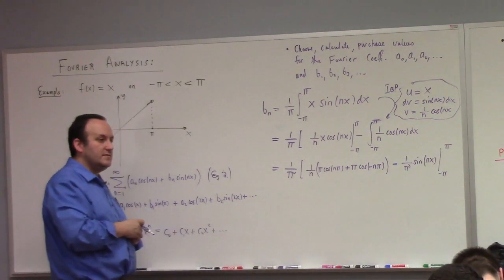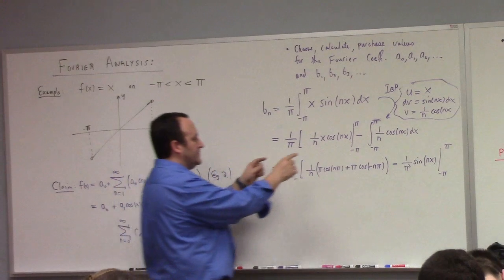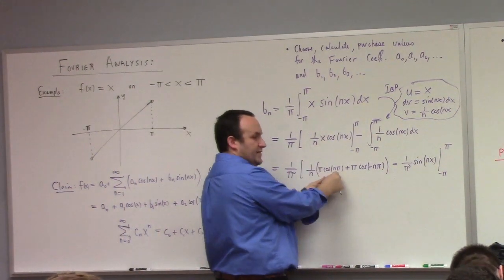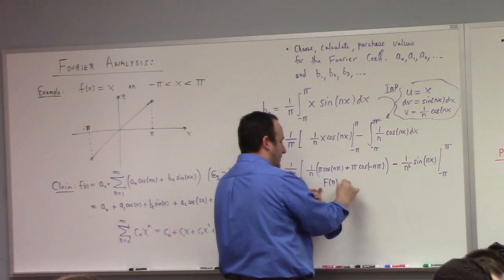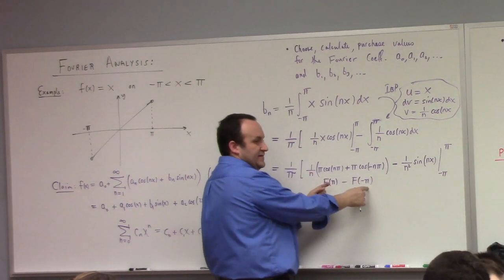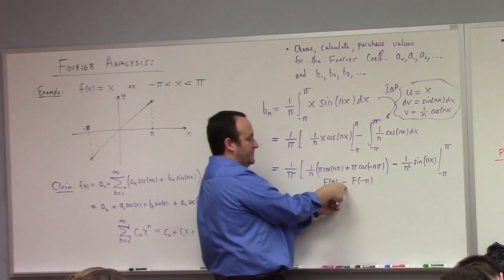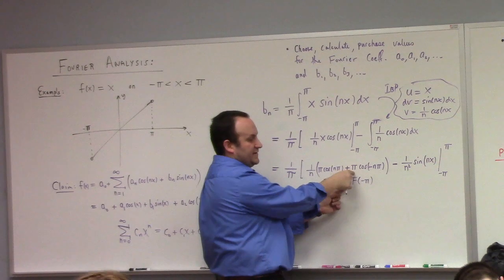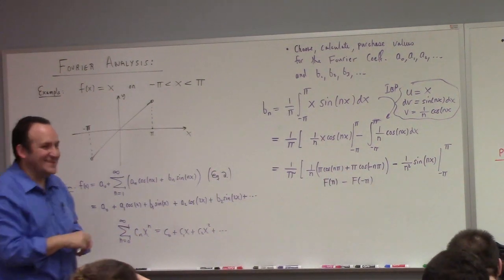Uh-oh, what did I do? I'm sorry, I just missed what you said. Because we evaluated the upper limit. So, quote unquote, f of pi minus f of minus pi, so to speak. But when we plug in minus pi, it's got minus pi there. But then this minus compensates that minus to give me a plus, which is good because otherwise everything here would be 0.